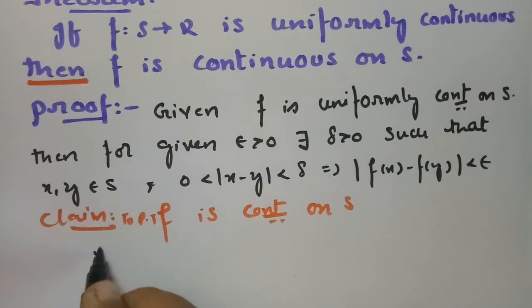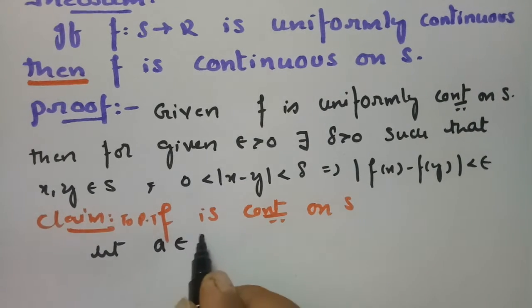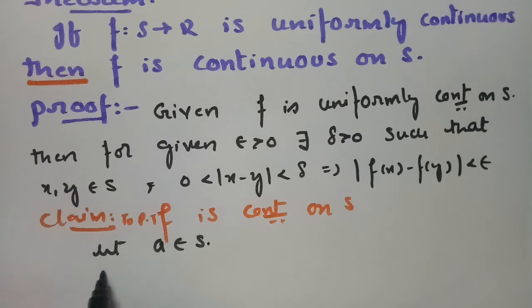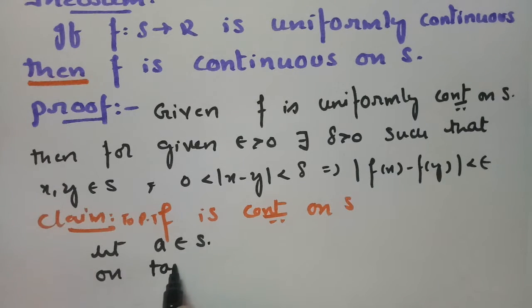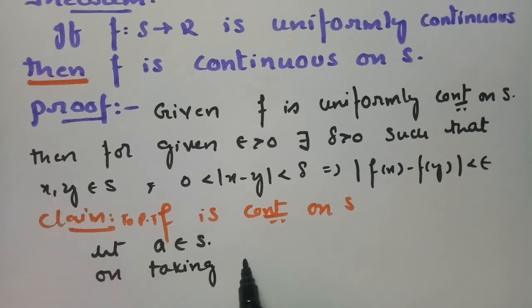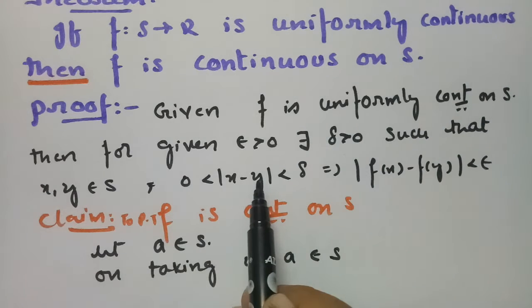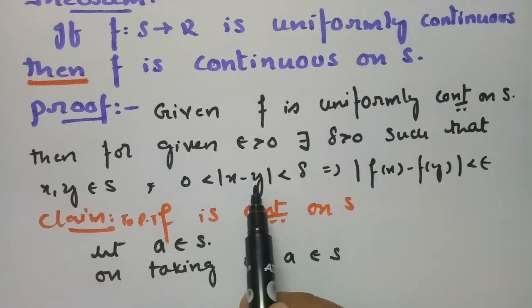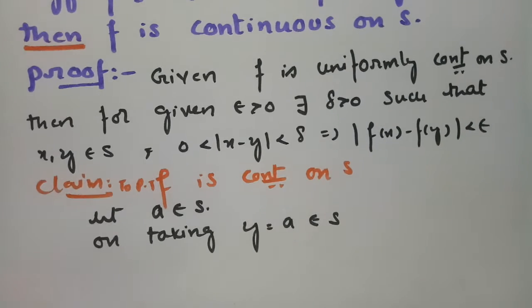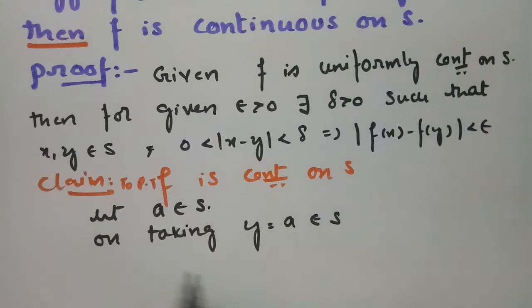Let a belongs to S. On taking, in place of y, I'll take a, which belongs to S. So in the definition of uniform continuity, in place of y, I'll take y equal to a.